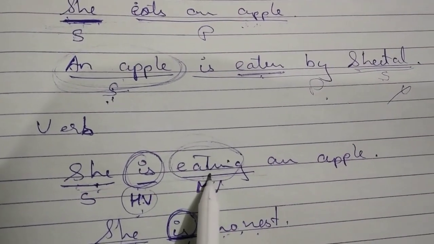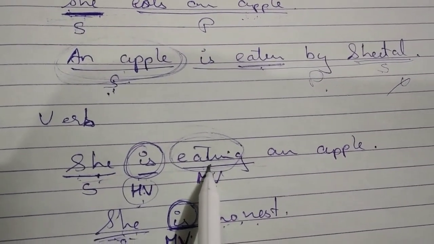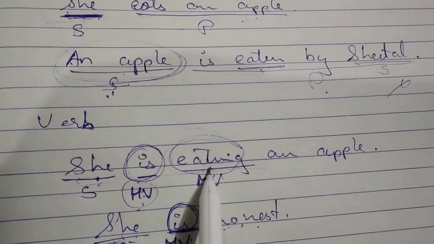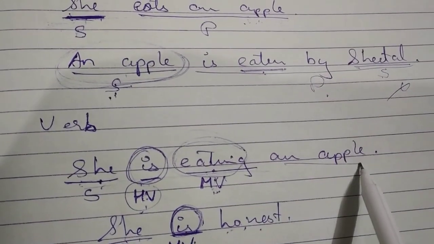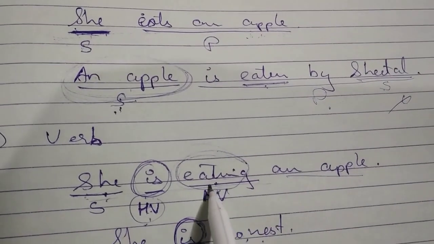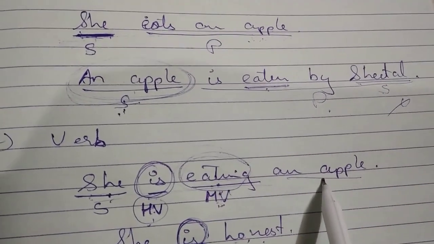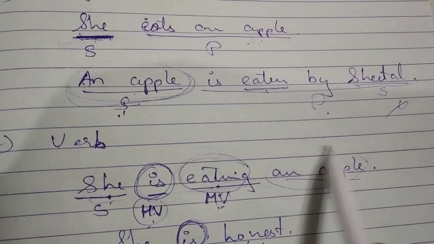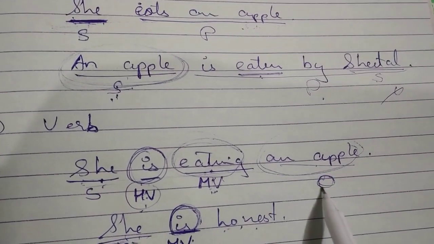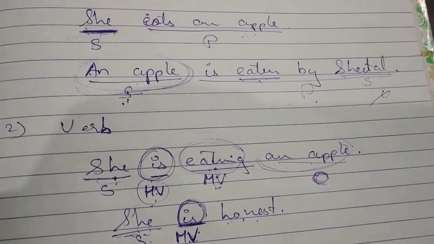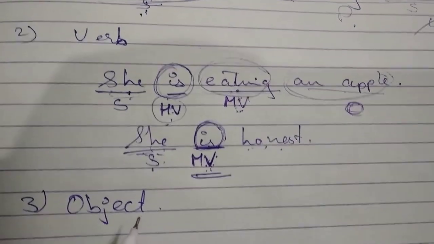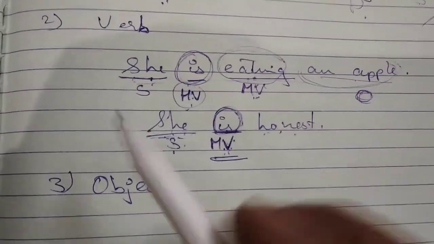On which thing is this action performed? ये एक्शन किसके ऊपर परफॉर्म किया गया है? किसके ऊपर? एप्पल के ऊपर, है ना? Eating is performed on apple. So an apple becomes the object. Clear? So what is an object? Object is, see the example here.